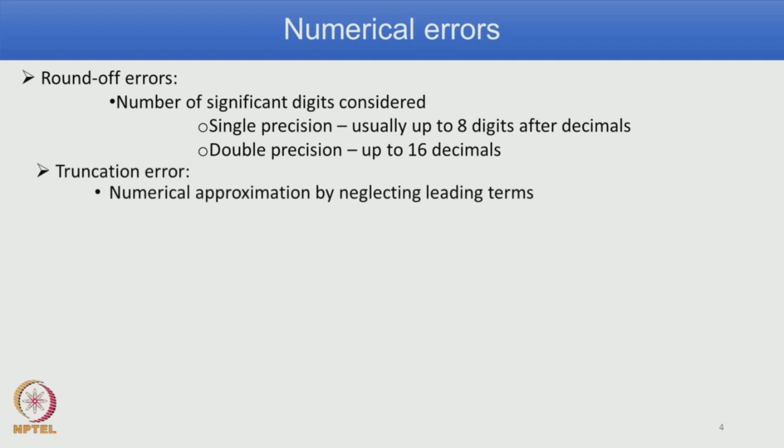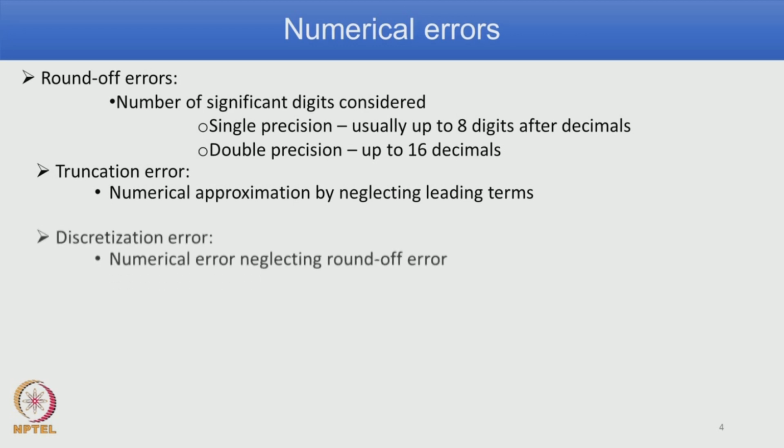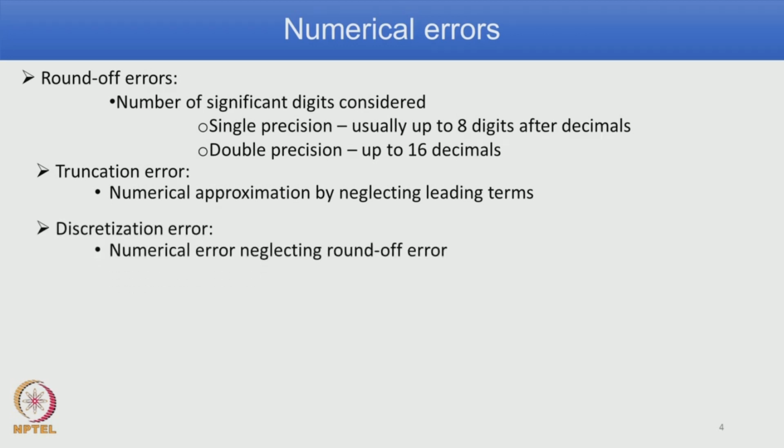The next important error is truncation error. This results from neglecting leading terms while writing the finite difference approximation. Now, there is a third error, known as discretization error. This is the numerical error without considering the round off error.